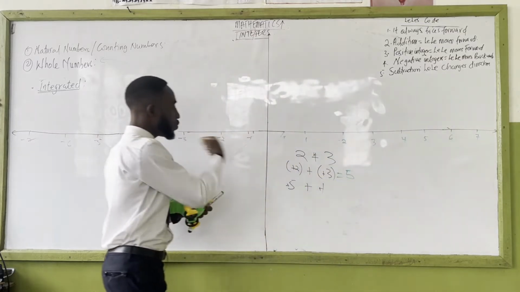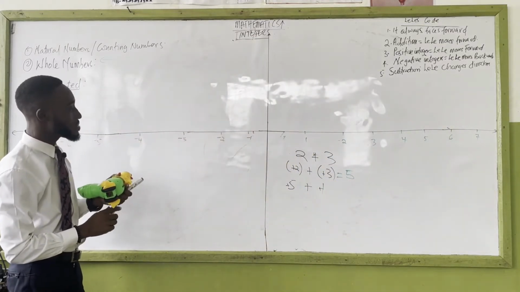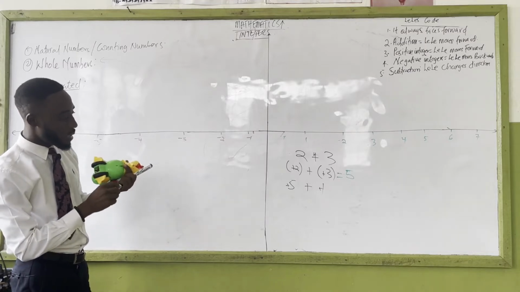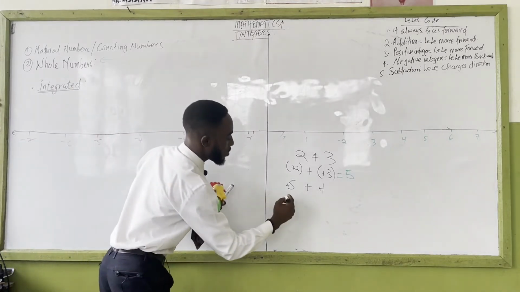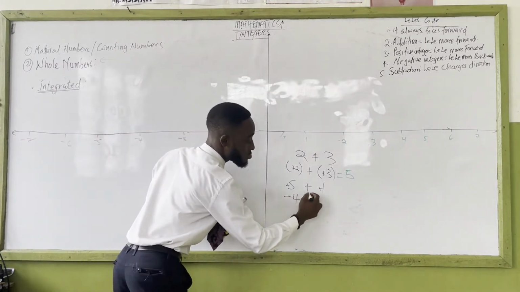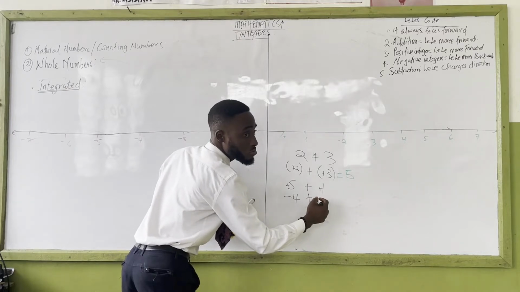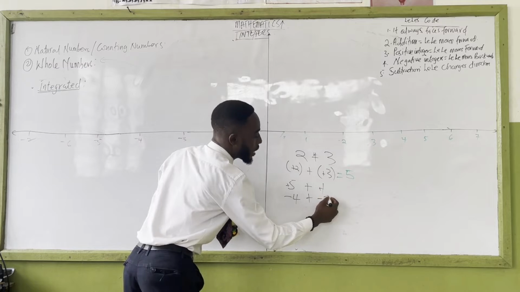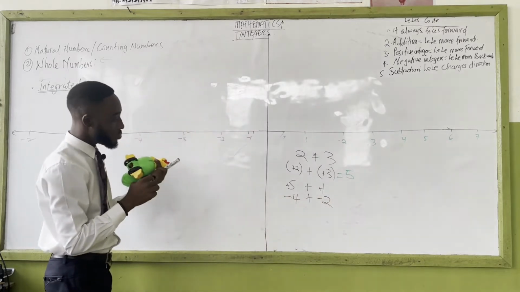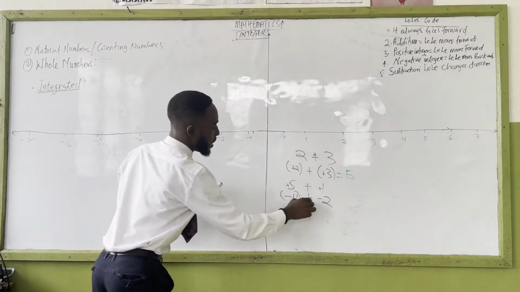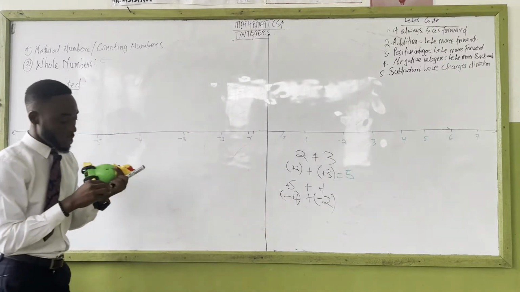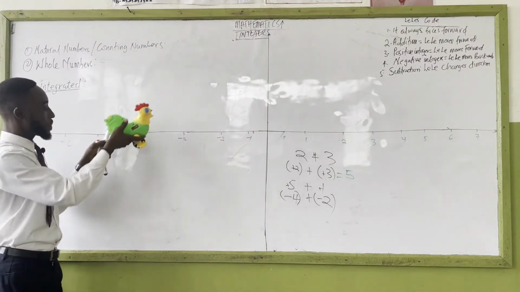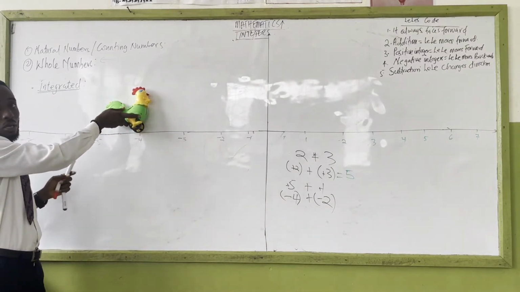Okay. Now let's even move to the negative side. What if Lele is on negative 4 plus, let's say, plus negative 2? Let's put the bracket so that it can be clearer. So negative 4, Lele's leg is here.